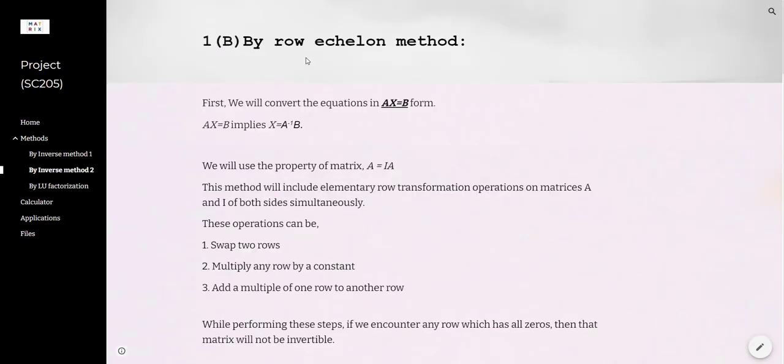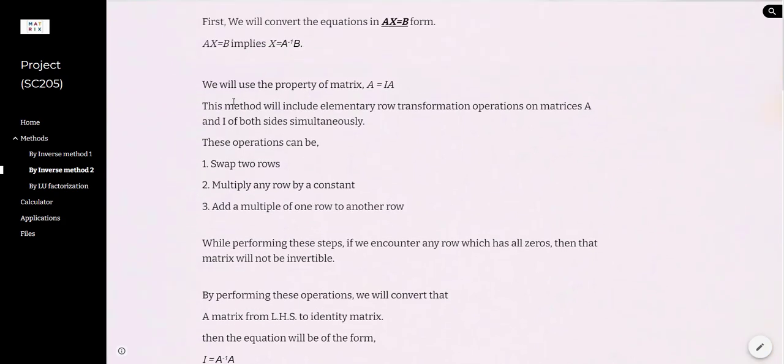Now we will see the second method to find the inverse of a matrix by row echelon method. Again, first we will convert the equation in Ax = B form. Ax = B implies x = A inverse B. We will use the property of matrix A = IA. This method will include elementary row transformation operations on matrices A and I both sides simultaneously.